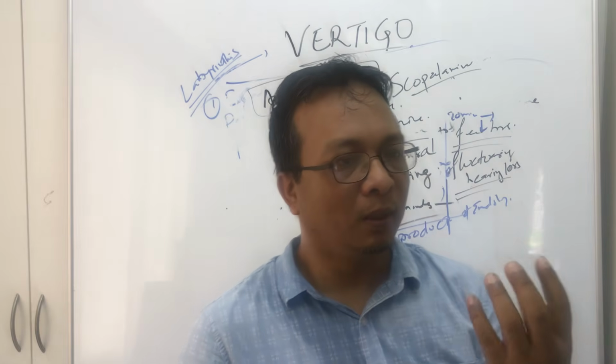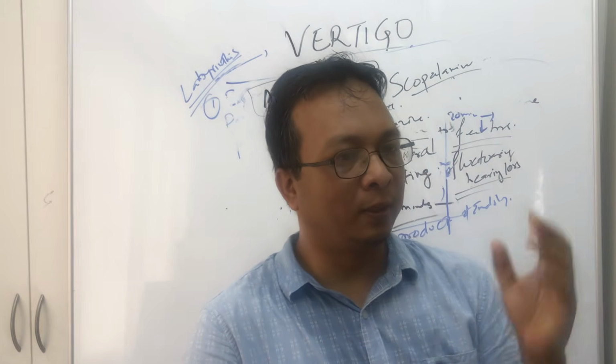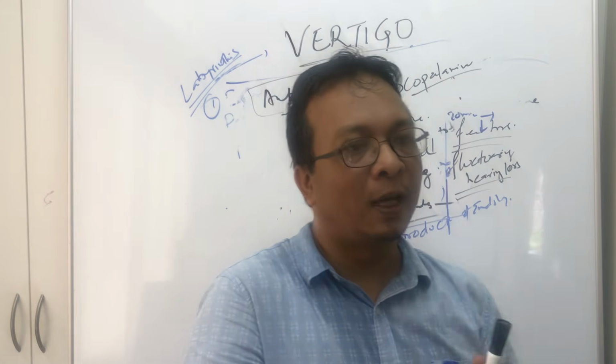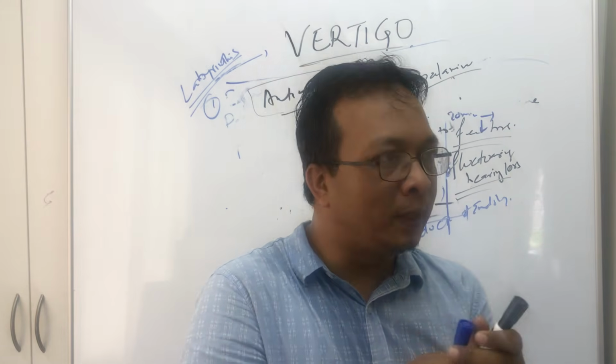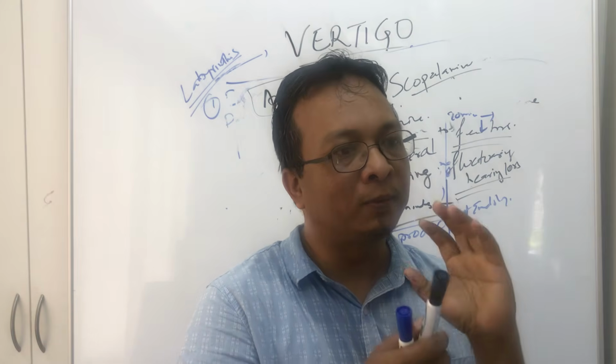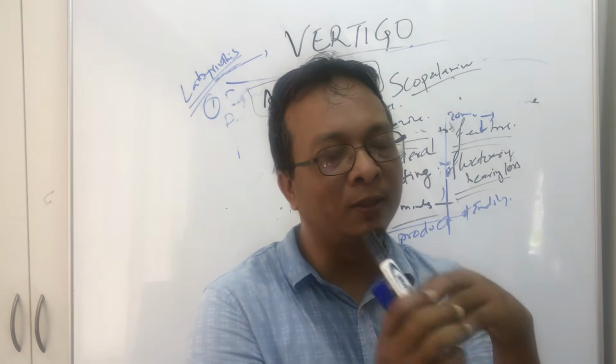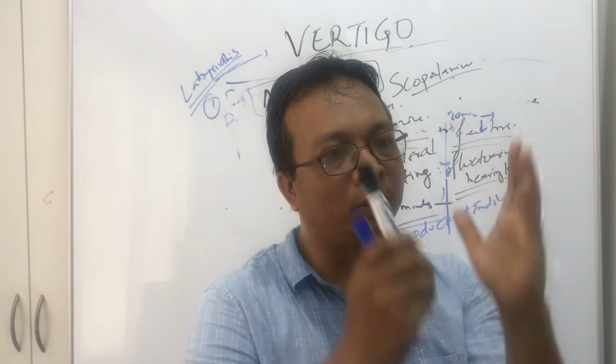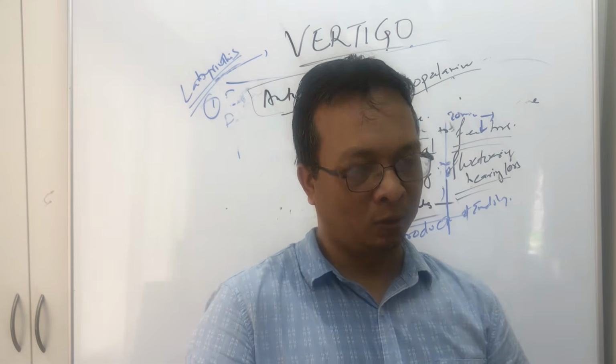Now, if I ask you to take 10 turns, after stopping you may feel dizzy, because the fluid in our semicircular canal is moving here and there. It is not able to give the right position of the head to the brain, so you will feel giddy.